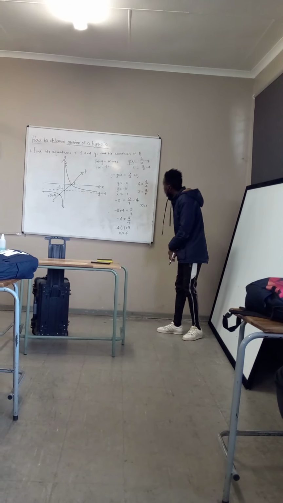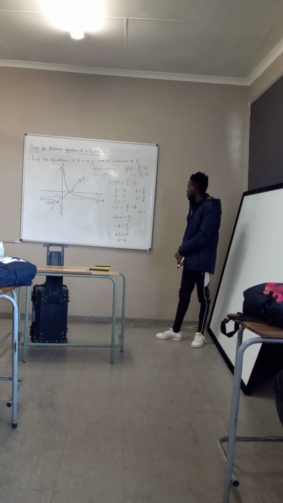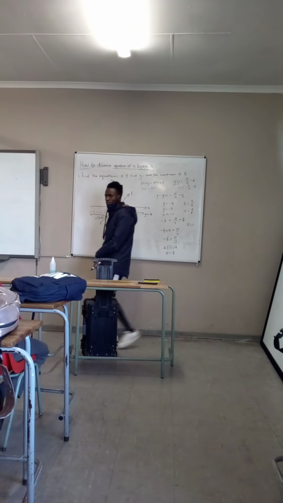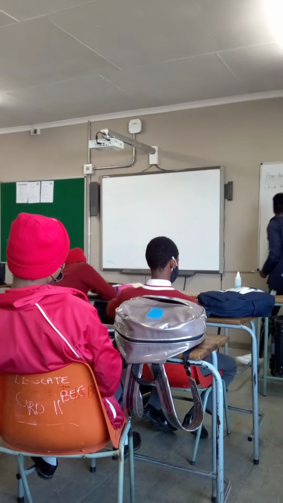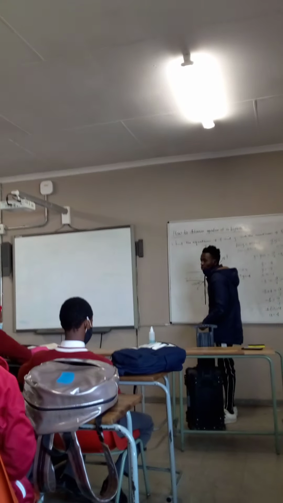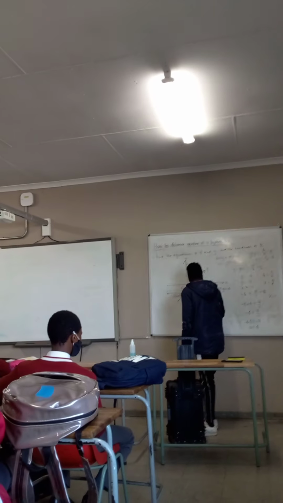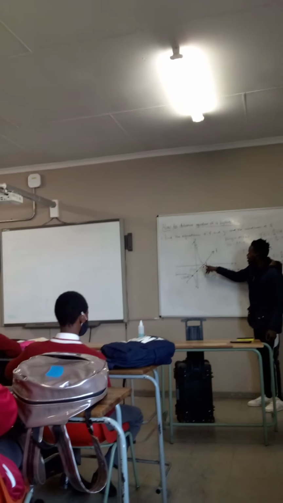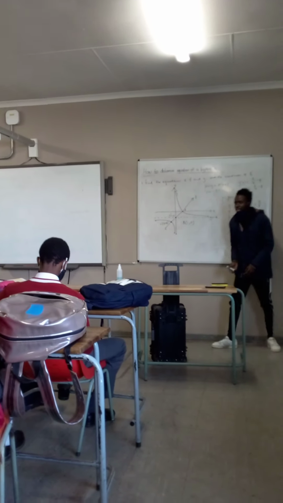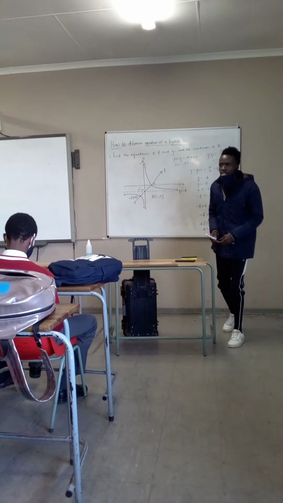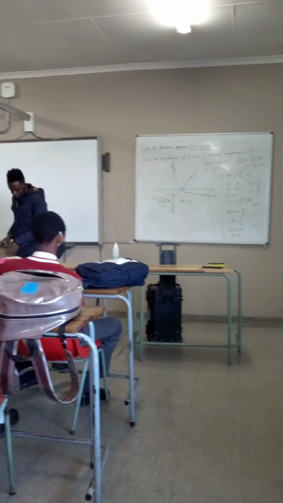The coordinate of my b is (1, 0) because this point lies on my x-axis, and on my x-axis the value of y is always 0. Do you get it?